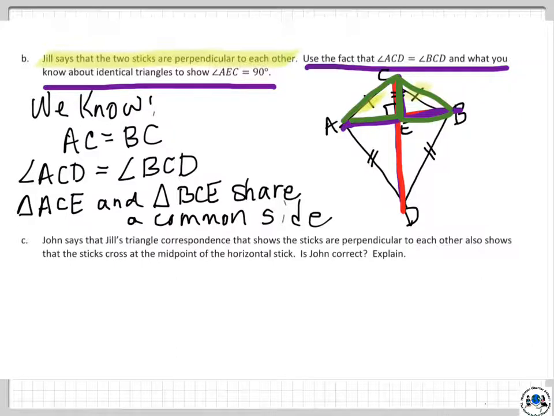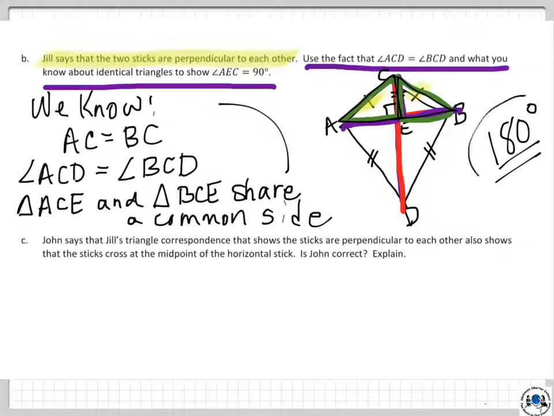That means, remember, angles on a line add up to 180 degrees. And because we know that these two triangles are identical, if they're going to equal 180, they both need to be 90 degrees. So they are both 90 degrees right there.